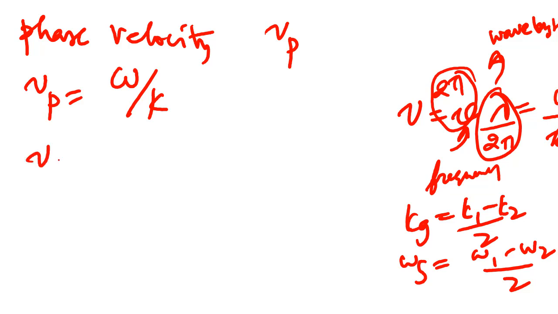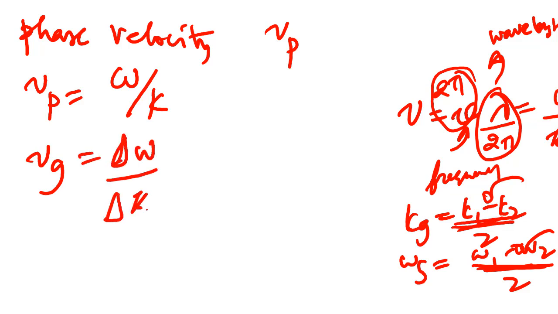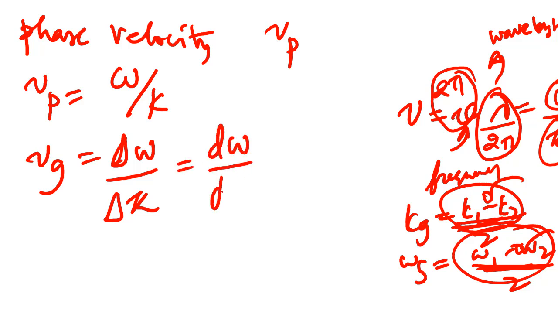Because you have this negative sign, it is the difference, omega 1 minus omega 2 over k1 minus k2, so it is delta omega by delta k, or in general d omega by dk. Whereas in the case of the phase you're summing. So this is the group velocity.